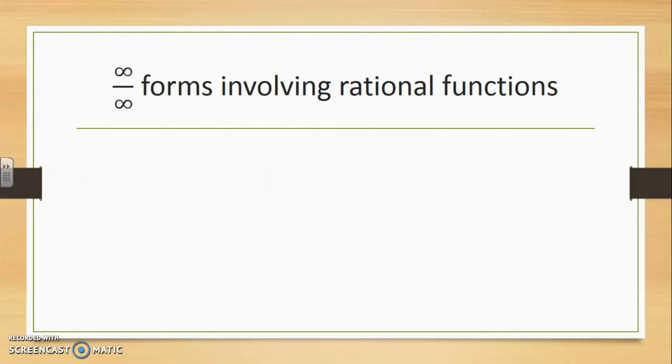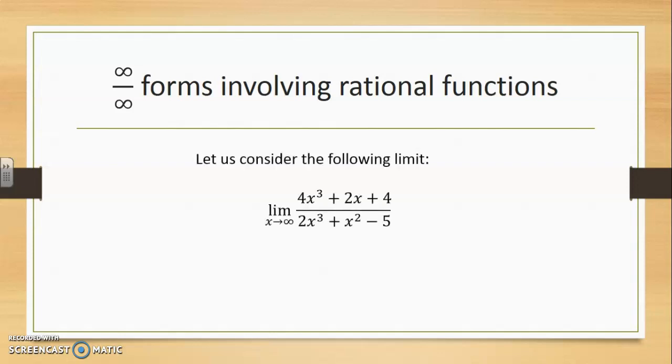So, the first scenario: infinity over infinity forms involving rational functions. By rational functions, recall that we are referring to a ratio, a quotient of two polynomials. In this example, we have two polynomials of third degree, with x heading towards infinity.